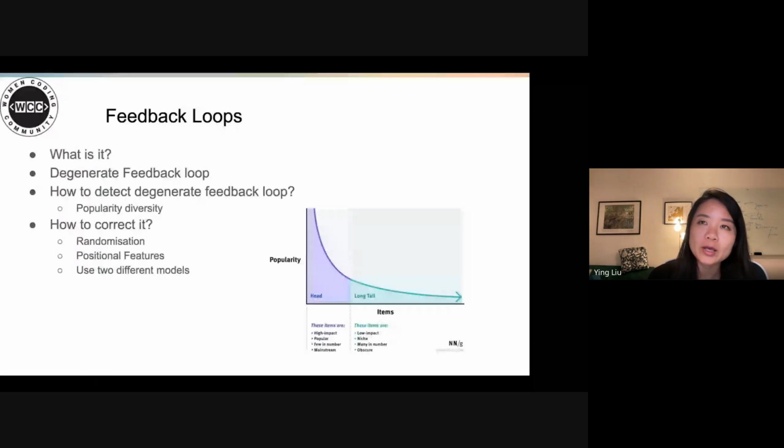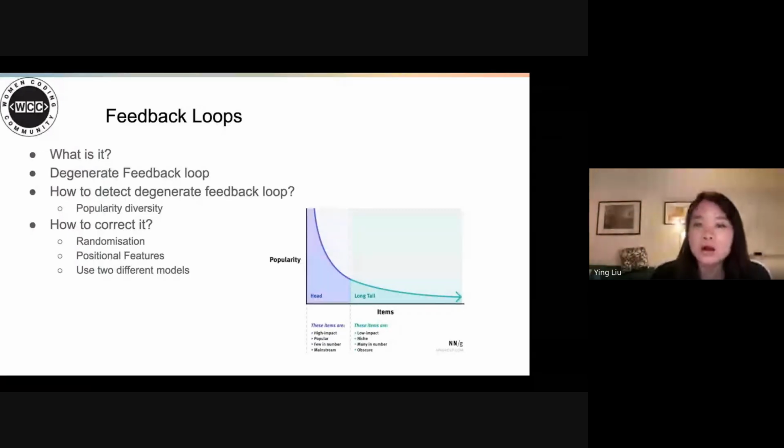By observing this long tail distribution in the evaluation, you will see that generally the accuracy on the popular items is higher than on the less popular items, because they have more data and more user interaction, and then of course the accuracy becomes higher. This is because of popularity bias, but this is also the reality of the model. It's not a degenerate feedback loop yet.